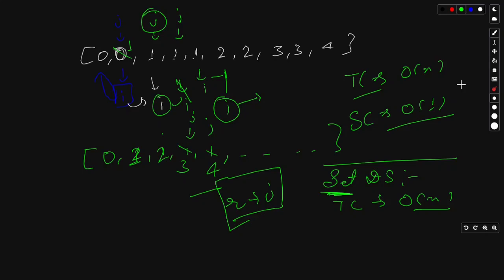So 2 times big O of n is big O of n, and the space complexity would also be big O of n because of the set data structure. So definitely the second approach is the most optimal approach.